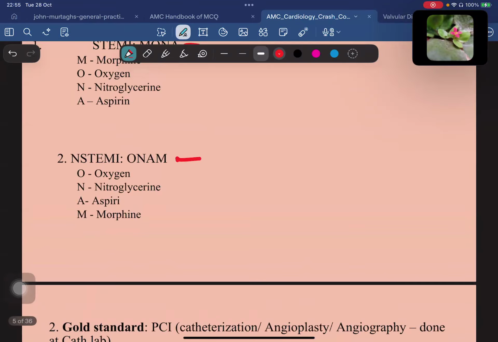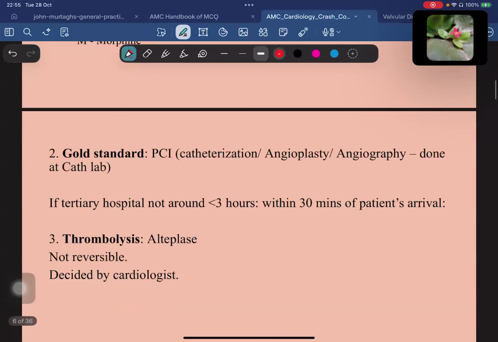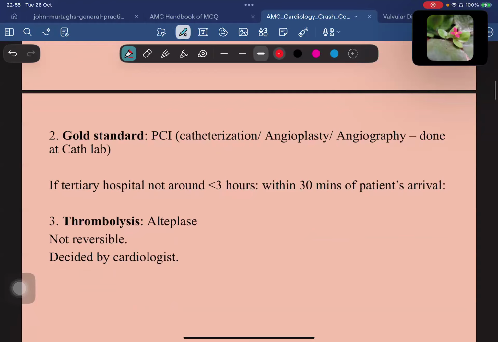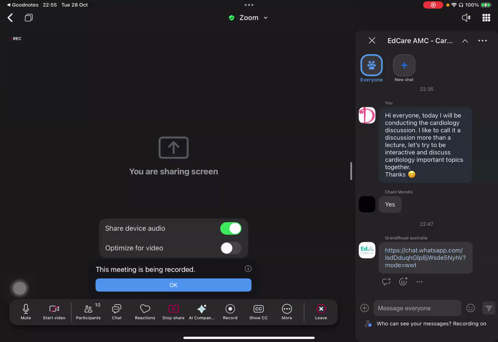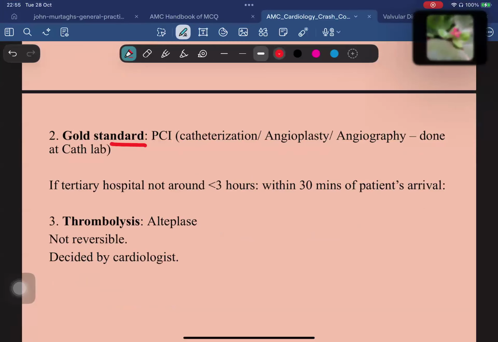So likewise, oh, this one. This word, gold standard, is again a big word in AMC. They try to ask that quite a lot.